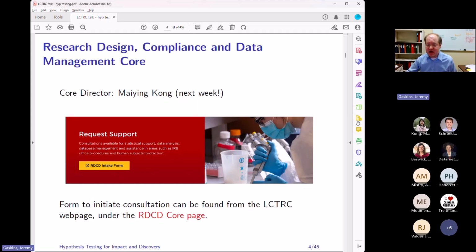But just to give a plug, if you are interested in reaching out for support in your work from the RDCD core, you can go to the LCTRC, there's so many acronyms, web page, and find the RDCD core page, and there will be a button here to request support, and that'll have a brief form for you to fill out, and then that will go to Dr. Kong, and she can help get you in touch with someone that can help facilitate consultation on your particular research project.